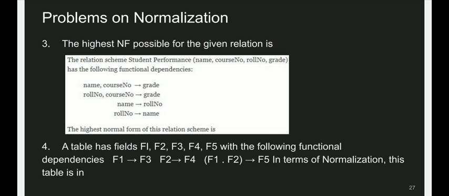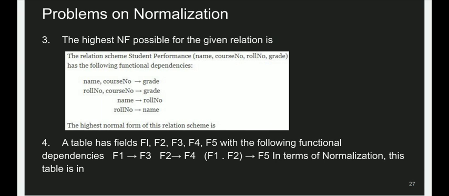So we will go to the third normal form. Third normal form says that for an X determines A functional dependency, X should be a super key or A should be a prime attribute. Here roll number is a prime attribute for the third functional dependency, and name is also a prime attribute for the fourth functional dependency. So the third normal form also holds. So the highest normal form will be third.